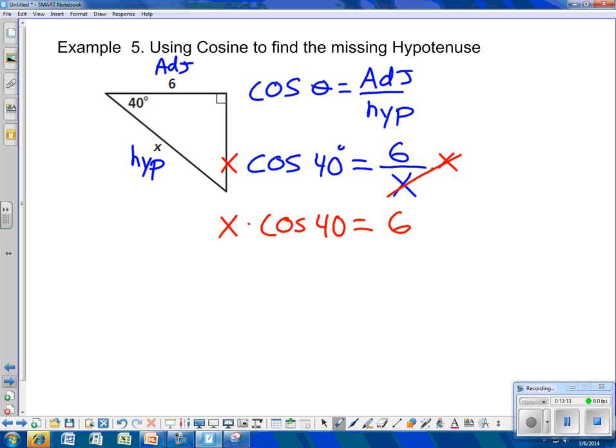And then the last step is to divide both sides by cosine 40. And x will equal whatever 6 divided by cosine 40 is. You can put that directly into your calculator. You get right around 7.8.